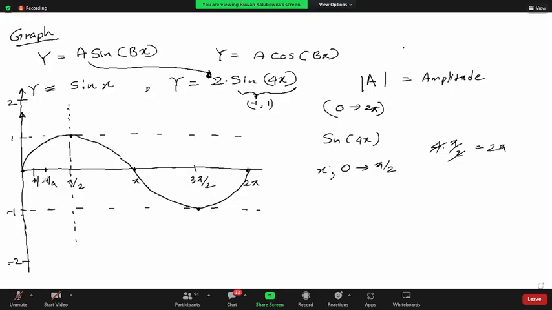This is pi over 8. This is 3 pi over 8. Yes.